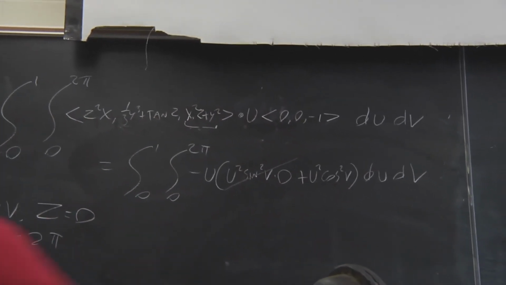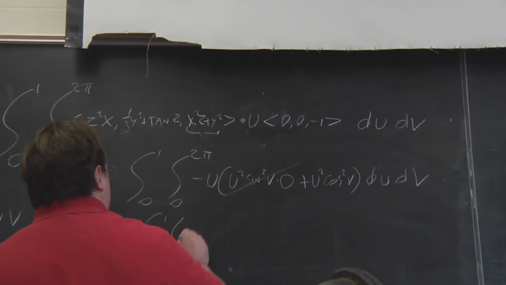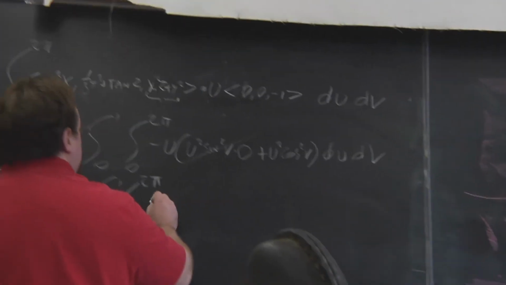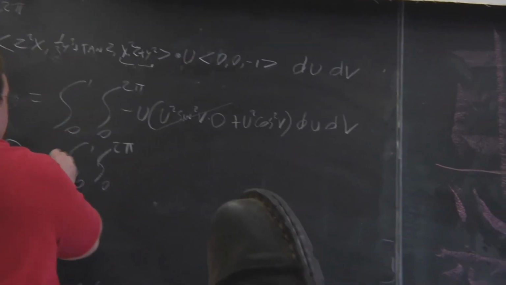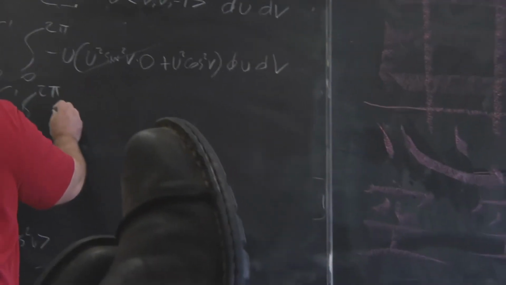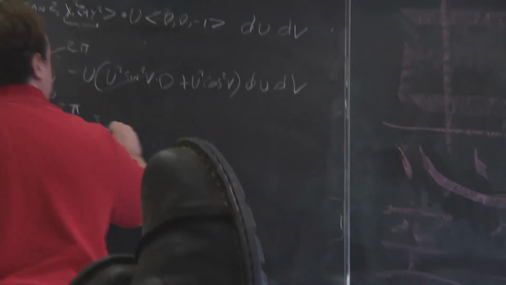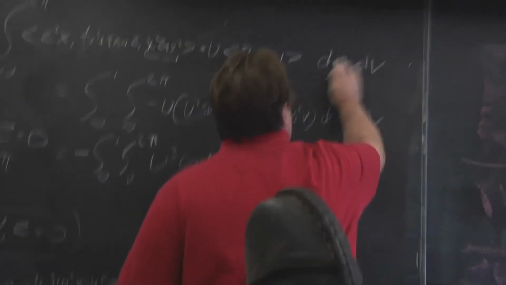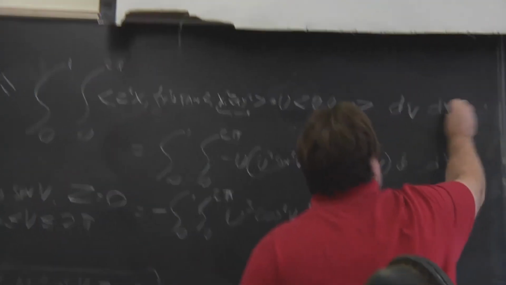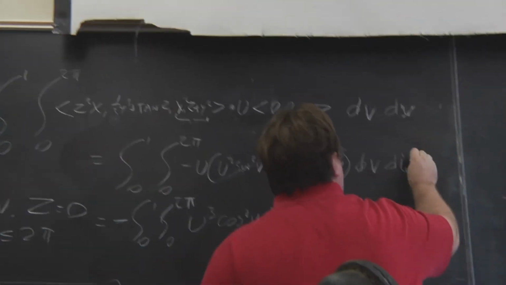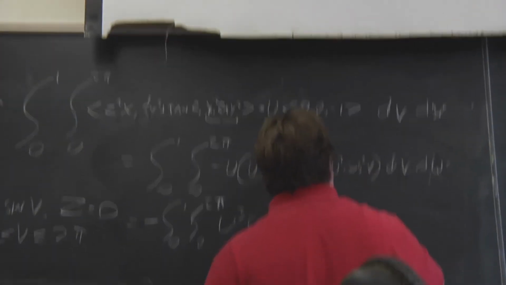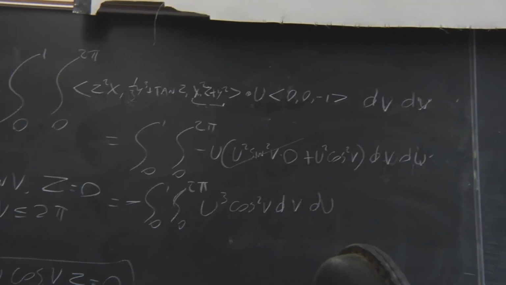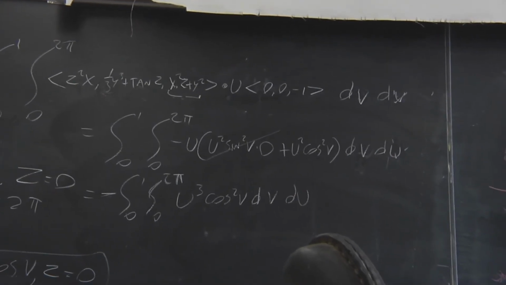So now we have 0 to 1, 0 to 2 pi. I'll pull out a minus. So now we have u cubed cosine squared v, dv du, because u is my outer. Okay, so now that is what needs to be integrated.